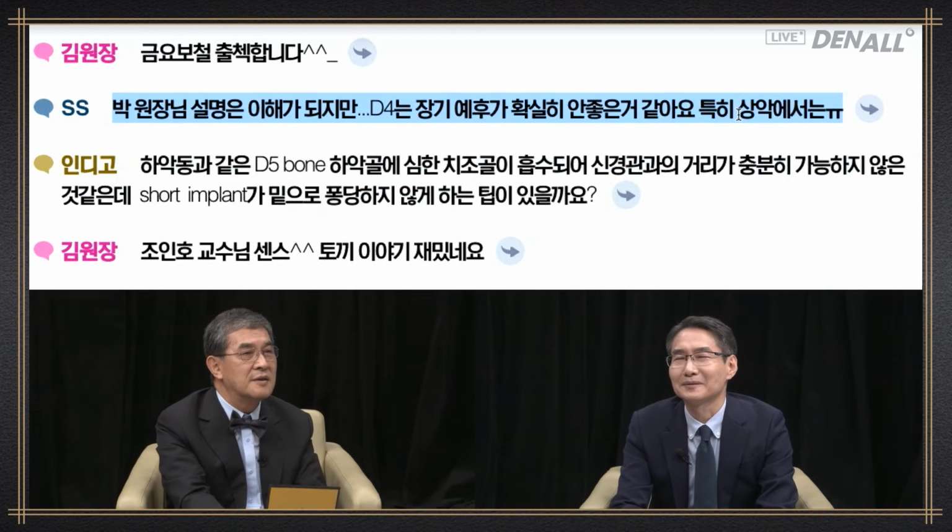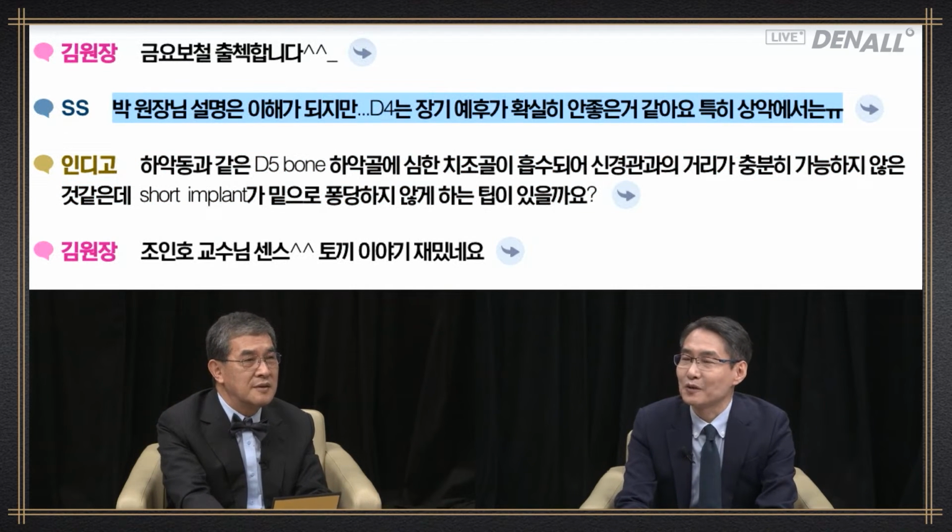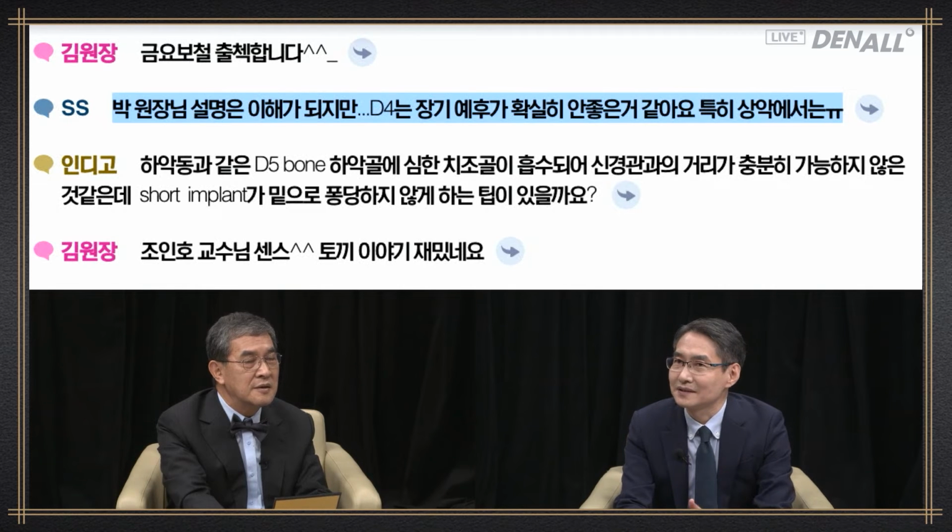I cannot remember for sure, but in recent literature, looking at marginal bone loss of implants of different bone types, ironically, the literature reported that the prognosis was better in sponge or low-density bone. Oh, really?